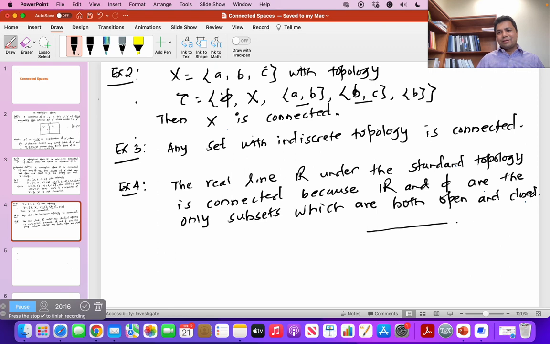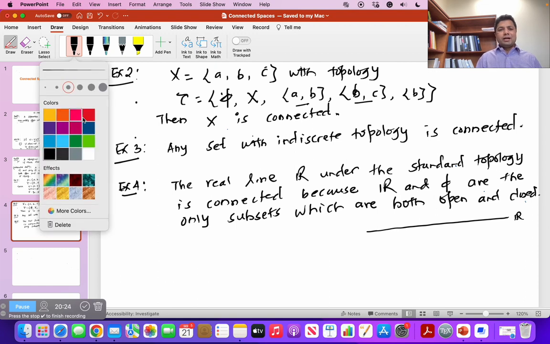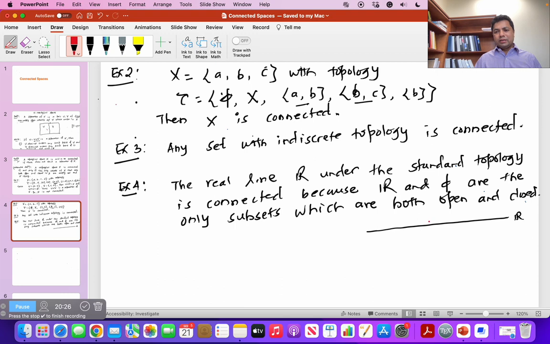You can see this easily. Let's say this is our real line, and under the standard topology, the open sets in R are the open intervals. So if you have an open interval, then that's an open set, and obviously an open interval is not a closed set.